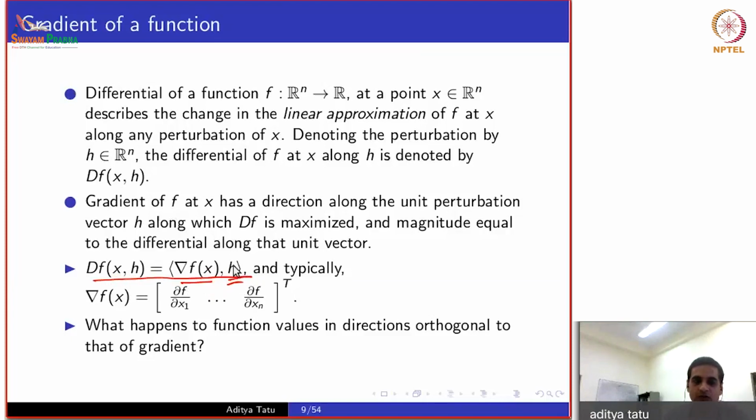If h is orthogonal to the gradient, this dot product will be 0. Remember, all I'm saying is that the linear approximation does not change. It does not mean that the function itself doesn't change. But if you restrict h to be very small, then it's likely that the value of the function will not change at all.